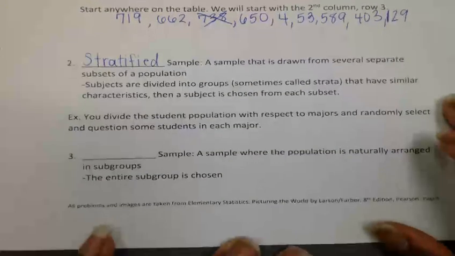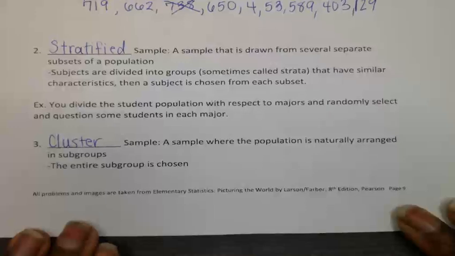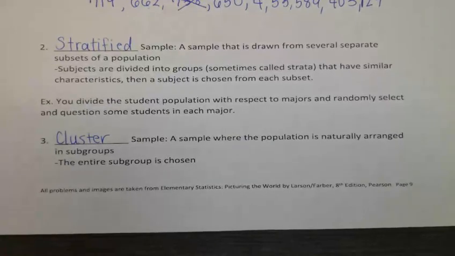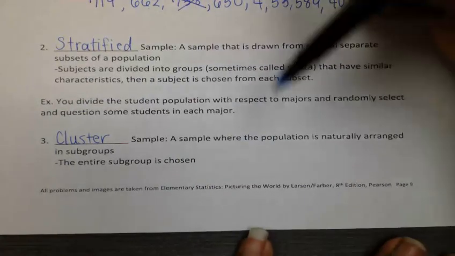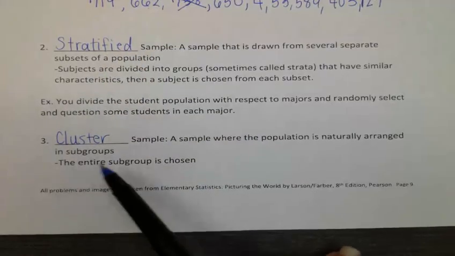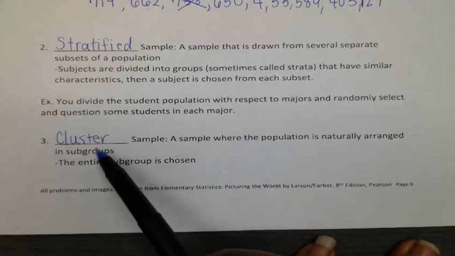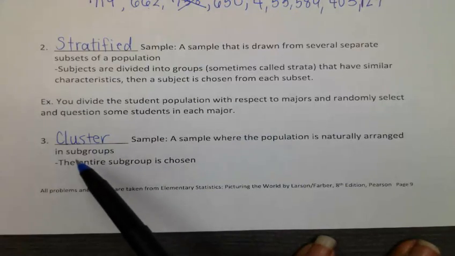The next sample is the one people get mixed up with stratified, which is cluster. For the cluster sample, a sample where the population is naturally arranged in subgroups and the entire subgroup is chosen. So normally with cluster, they're already in subgroups.